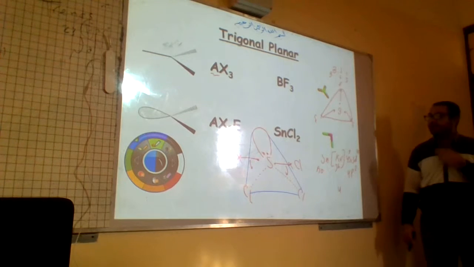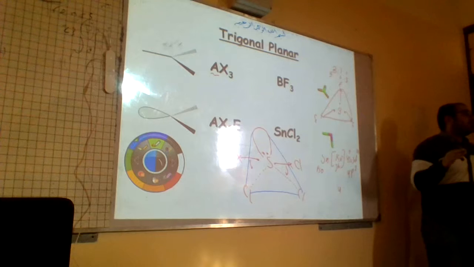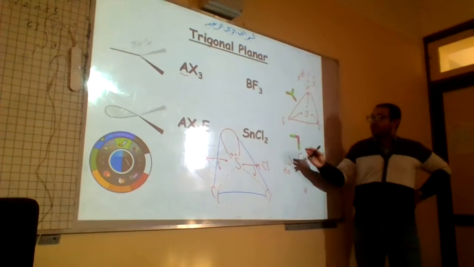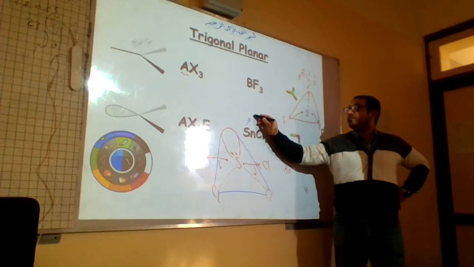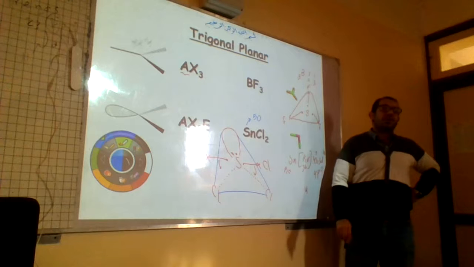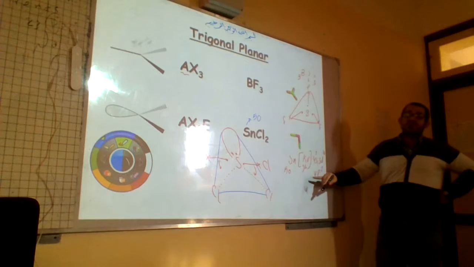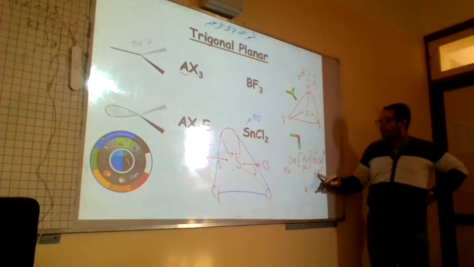Again, we make the bonds according to the number of electrons in the outer shell. For Sn, the atomic number is 50. The electronic configuration has krypton as the nearest noble gas, then 4s2, 3d10, 5s2, 5p2.